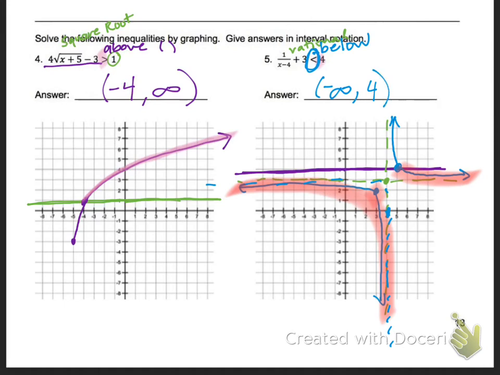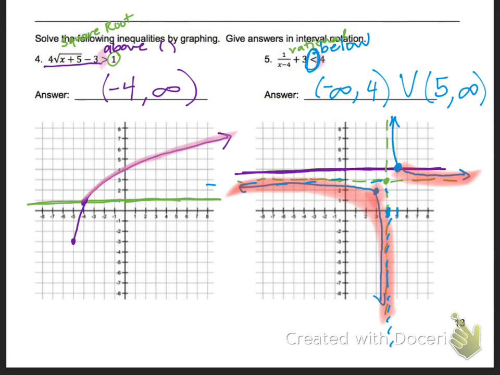Then it takes a break for a little while, and it is above. And then it starts up again, being below at x equals 5. And it keeps going forever in the right direction. So 5 to positive infinity.